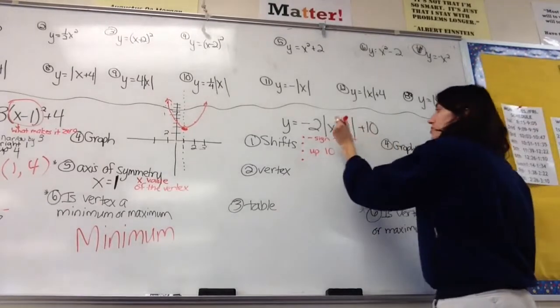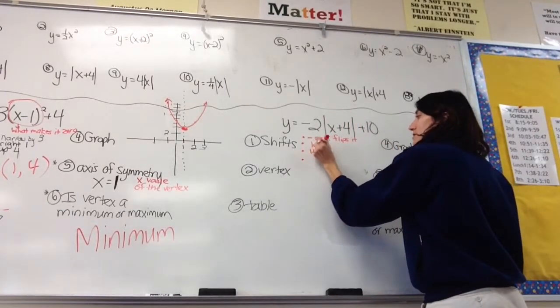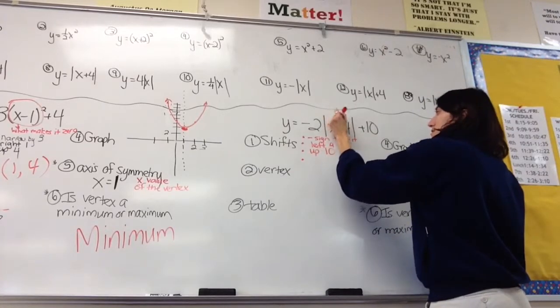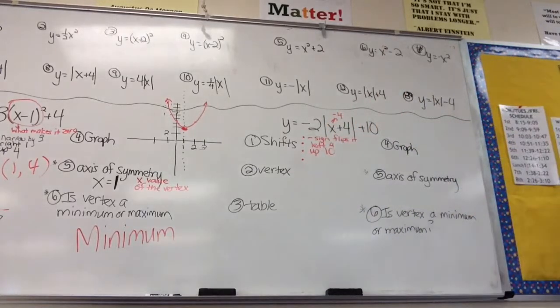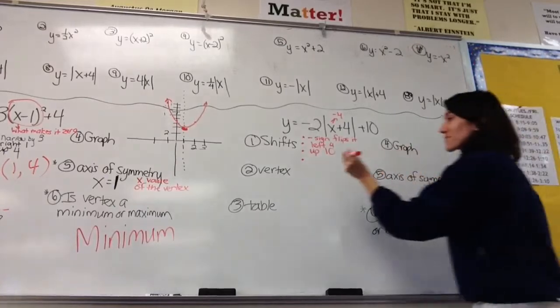Left 4, good. What makes that 0? And then last one, Ben? What's the 2 do? It narrows. Thank you.